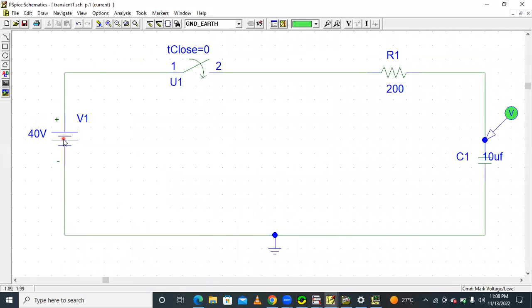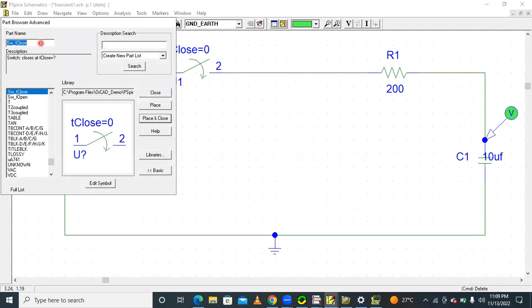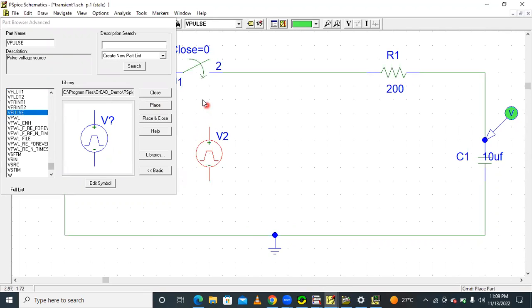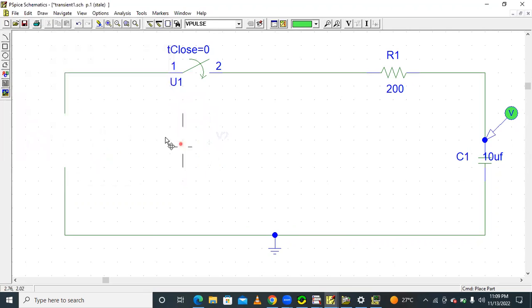So in this circuit, instead of the 40 volt source, delete it here, and from the library take VPULSE. Place it here and close this.